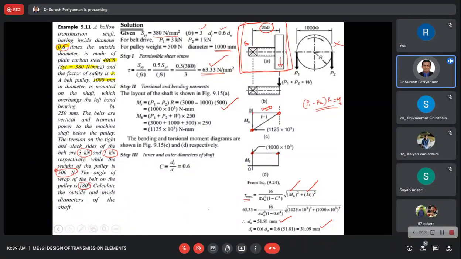Suppose the gear is connected on the shaft without a key, without welding, without screwing, then what will happen? The shaft will rotate alone and will not transmit the power. Hence we use the key.